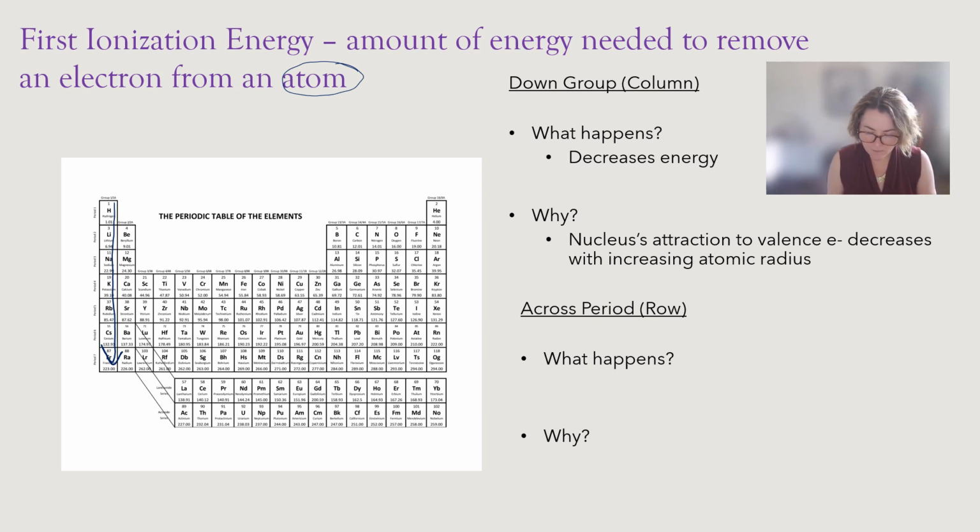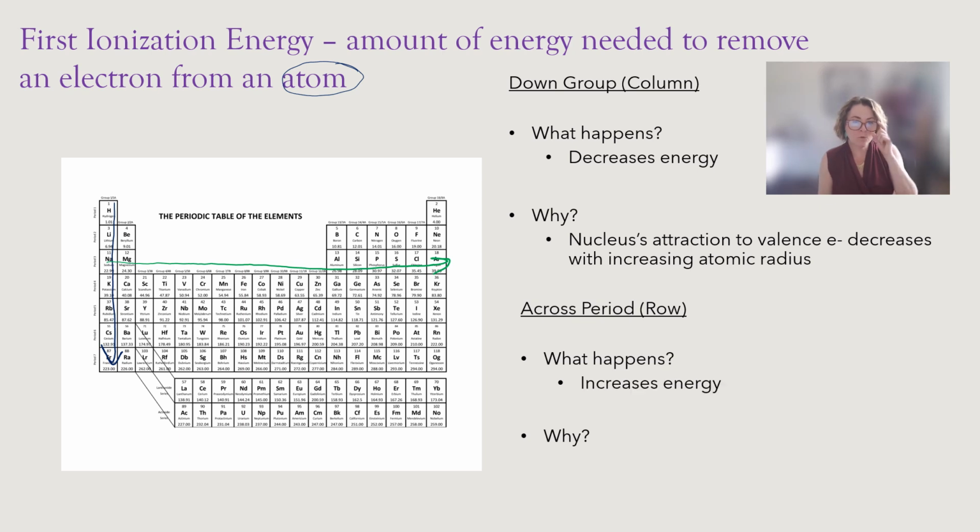Now, let's talk about what happens when you move across a period. Keep in mind what we talked about in the last slide. As you move across a period, the atoms get smaller because they feel a greater pull on those outermost electrons.